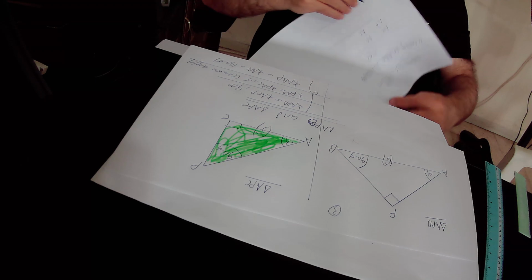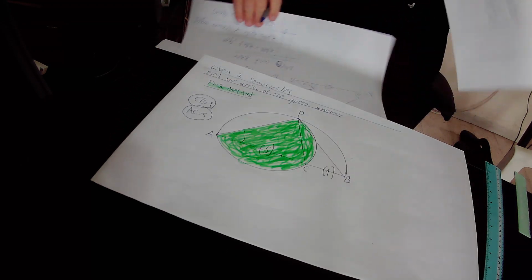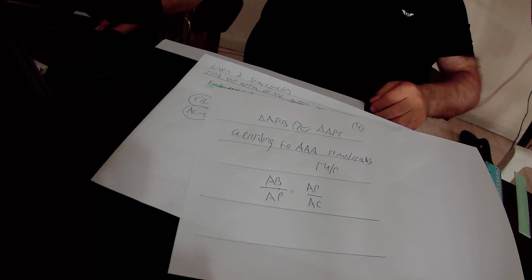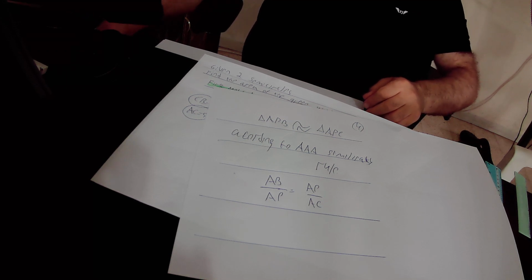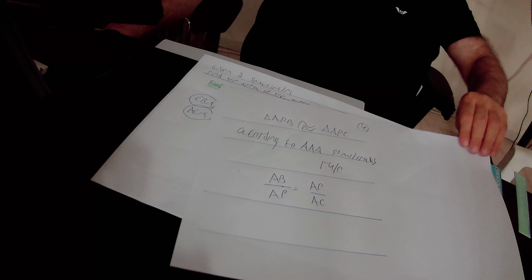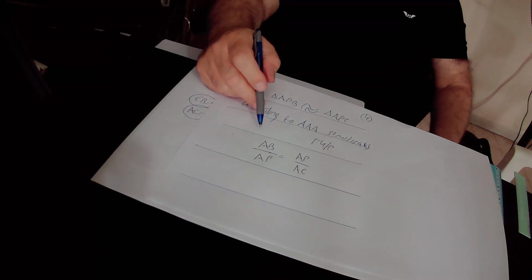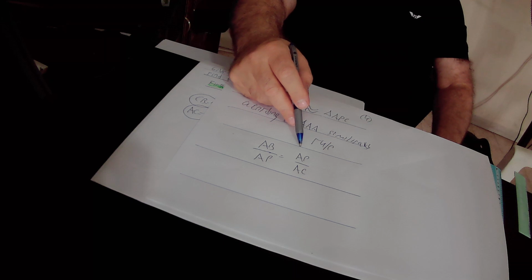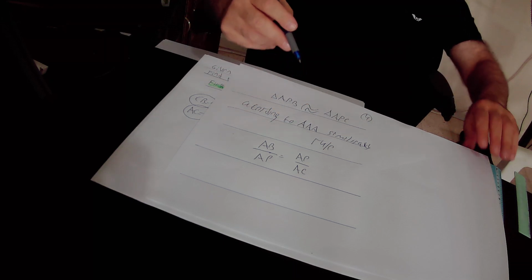Repeat again. We will derive that side AB in the white triangle over side AP in the green triangle equals side AP in the white triangle over side AC in the green triangle.